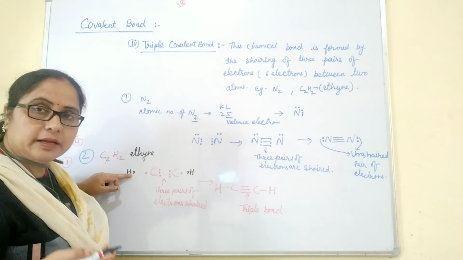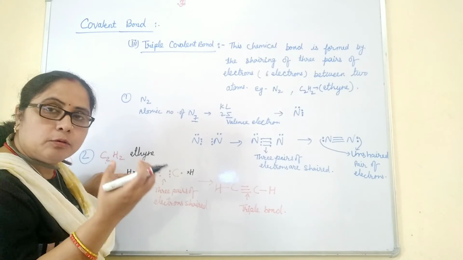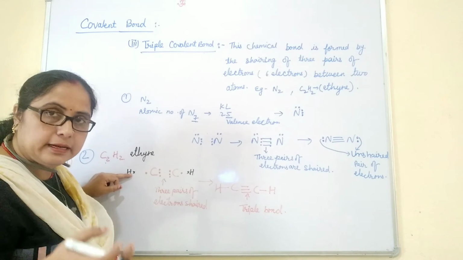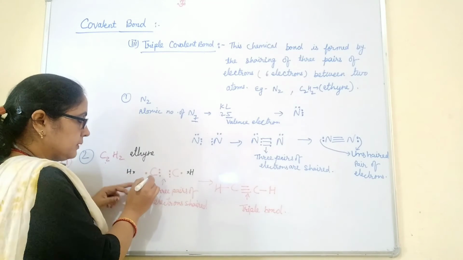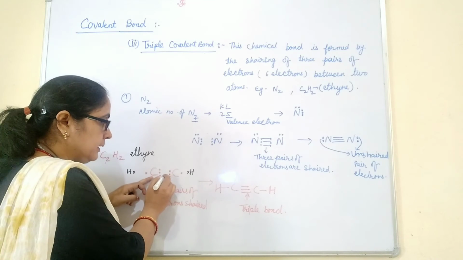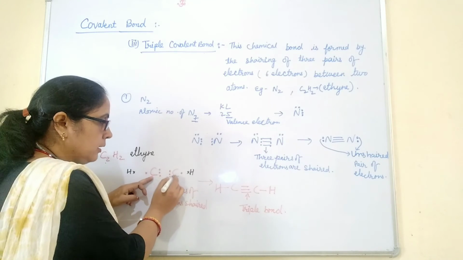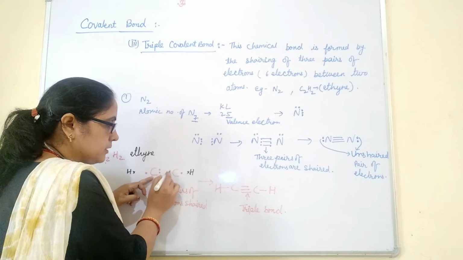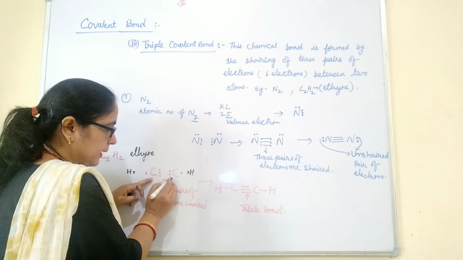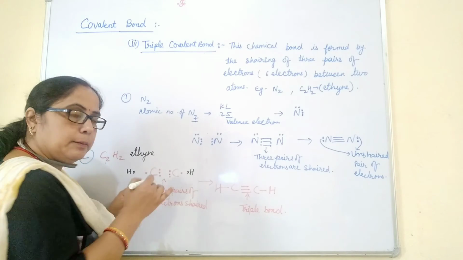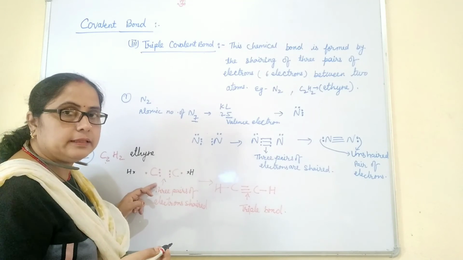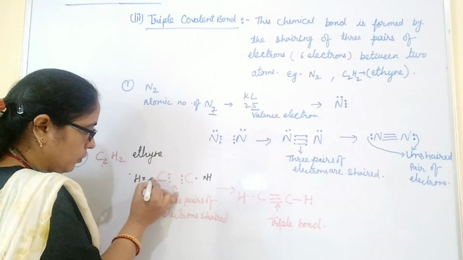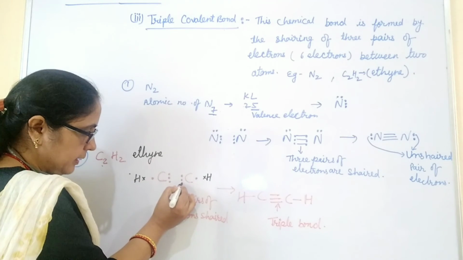Now it has 5 electrons, so it needs 3 more electrons to complete 8 electrons in its last shell, so this carbon shares 3 pairs of electrons with this carbon atom. And when it shares 3 pairs of electrons with this carbon atom, it has completed its 8 electrons in its last shell. How? 1, 2, 3, 4, 5, 6, 7, 8.